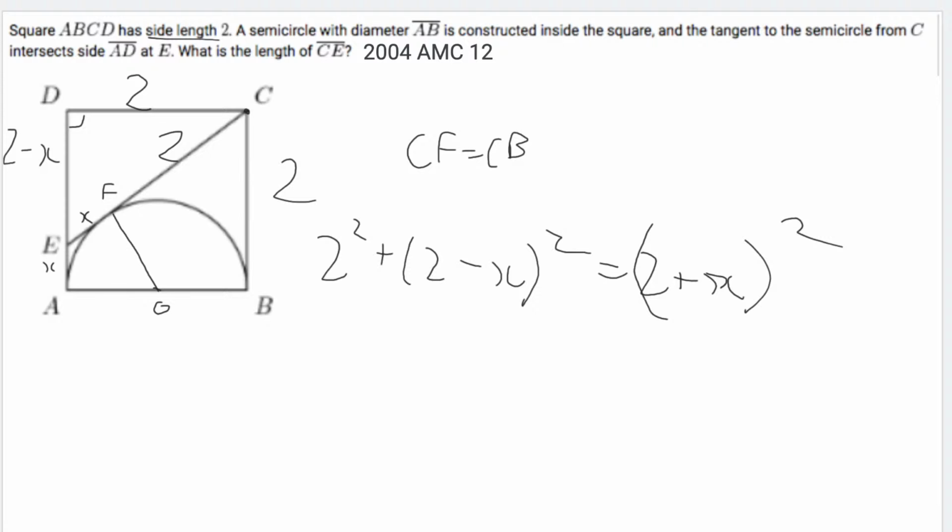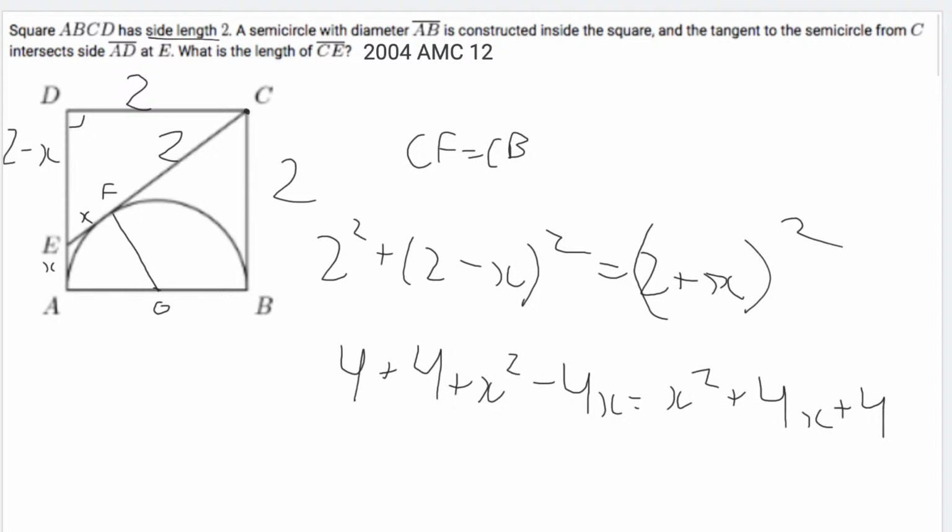So 4 plus X squared minus 4X equals X squared plus 4X plus 4. The X squares cancel out, because if you subtract X squared from both sides, it becomes 0. Then you add 4X to both sides, and you get 8X equals 4 plus 4 is 8 minus 4 is 4.